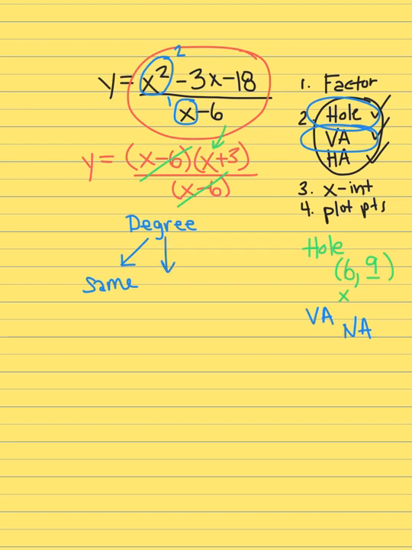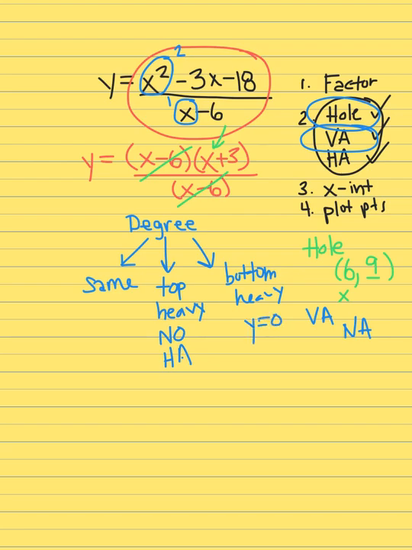If the degree on the top is greater than the degree on the bottom, I call that top heavy, and there's not going to be a horizontal asymptote. If it's bottom heavy, the horizontal asymptote is going to be y equals 0.